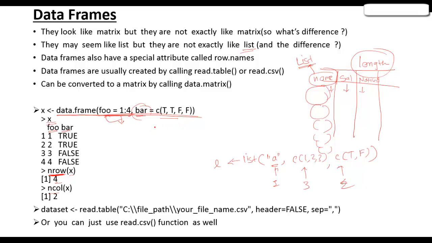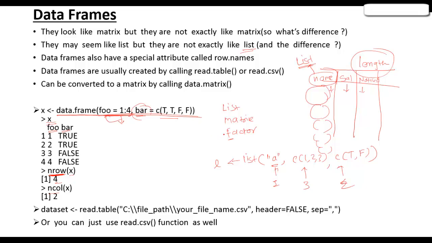Now, data frame itself is basically a return type when we are using class. If you remember, class has our five atomic data types plus list plus matrix plus factor, not vector, it's factor.